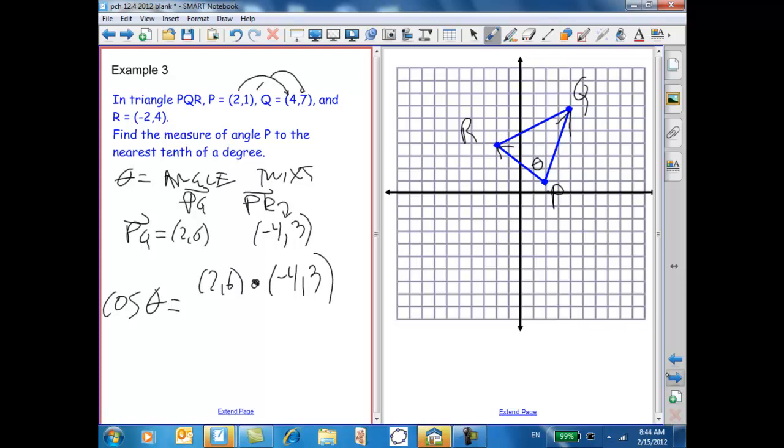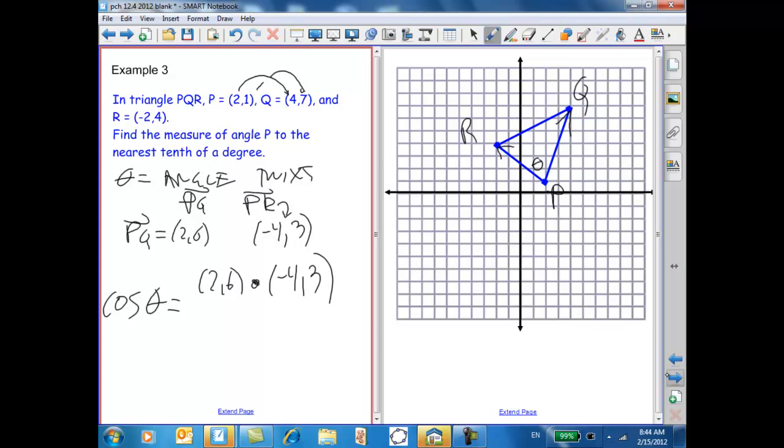Cosine of theta is going to be 2, 6 dot -4, 3. Notice I'm not using the corners of the triangle. I'm using the vectors that represent the sides of the triangle because they give me the direction and also the magnitude. Notice if I'm trying to find this angle, as long as I had vectors that were parallel to this, it would be fine, because we can still establish the direction, and we're trying to find an angle theta between 2 directions.